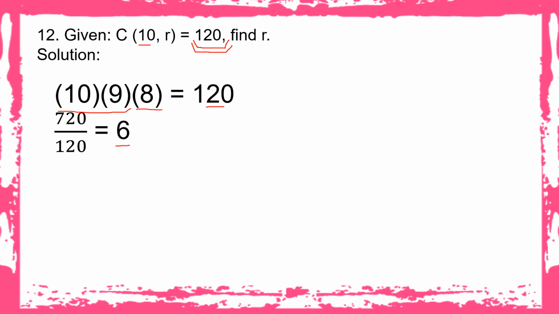It is 3 factorial, or simply count these 3 consecutive factors: 1, 2, 3. So we have 3 factorial, and if we simplify it, of course it is equal to 6. So the value of r is equal to 3.